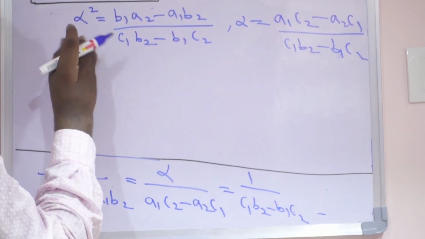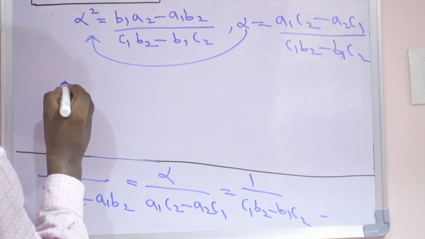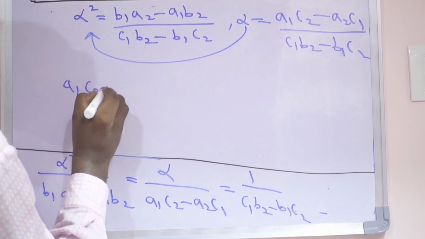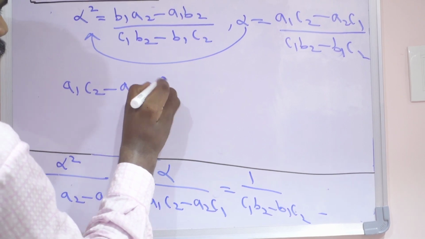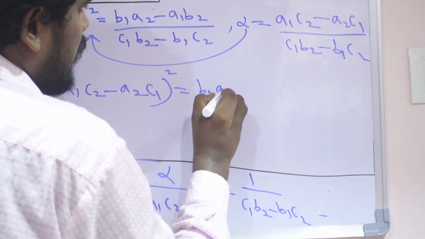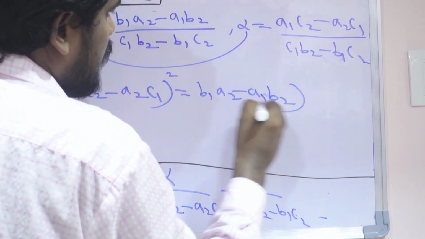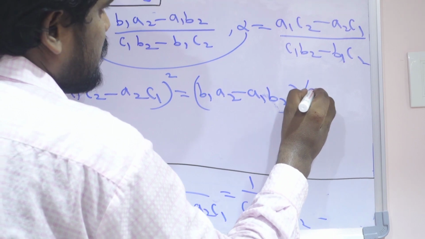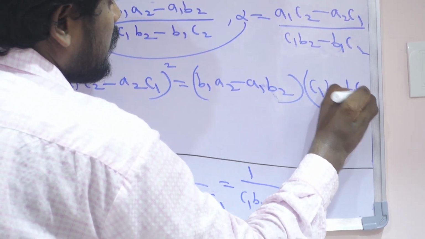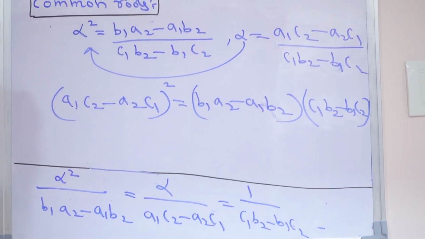Then substitute alpha in this equation. Then after simplification, we will get the answer: A1 C2 minus A2 C1 whole square is equal to B1 A2 minus A1 B2 into C1 B2 minus B1 C2. So this is the condition for one common root.